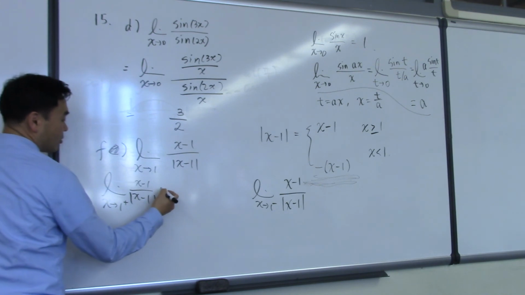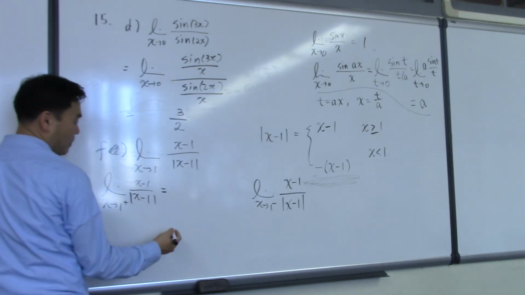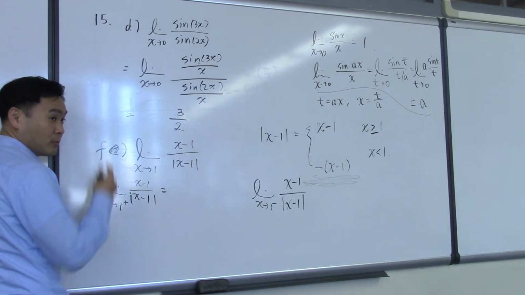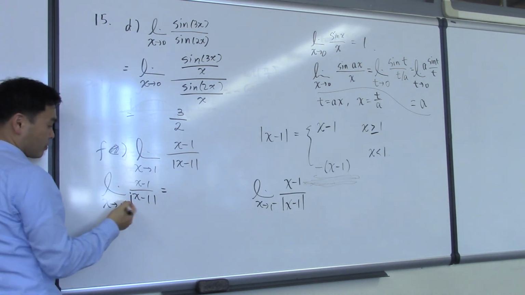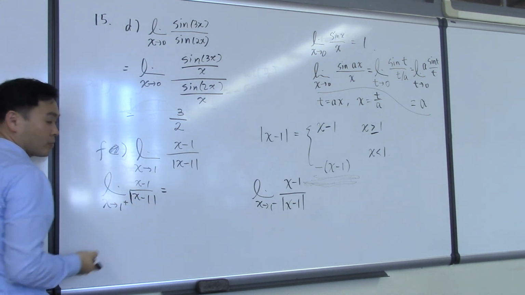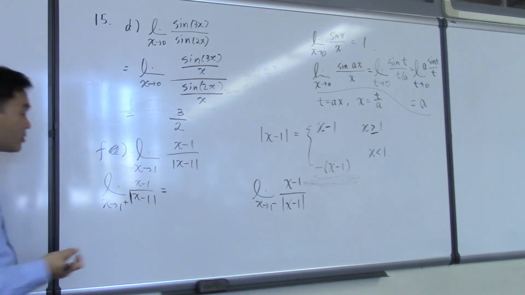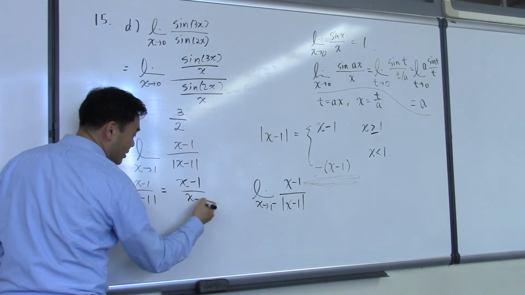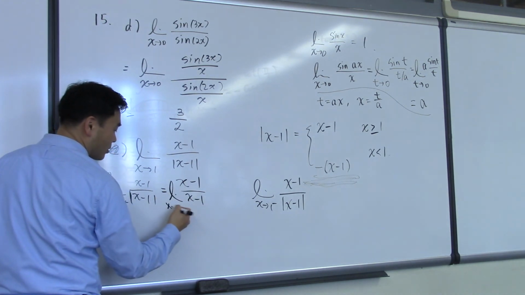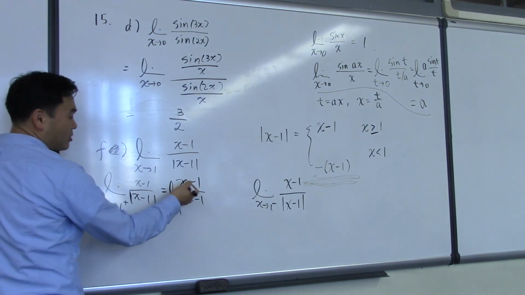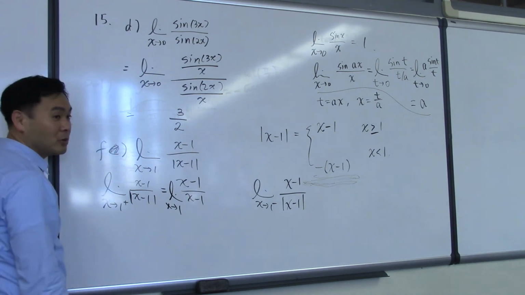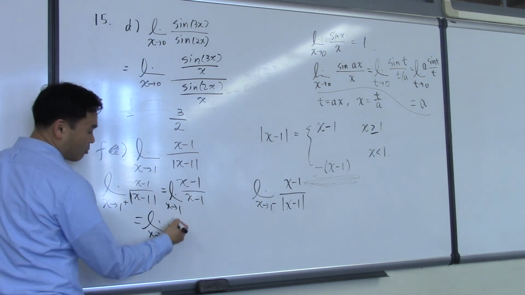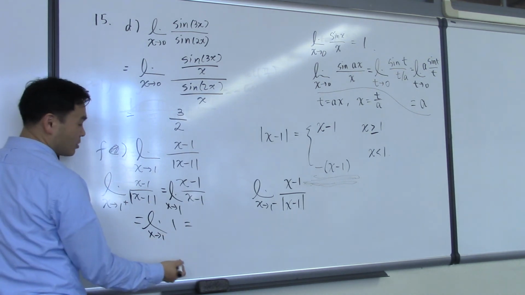Okay, so for this one, what does this bottom thing evaluate to? Same thing, right? The bottom is positive, so it doesn't do anything. And what is anything divided by itself? 1. So you're really doing the limit as x goes to 1 of 1, which is just 1.